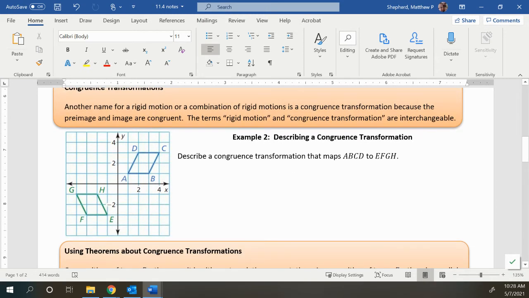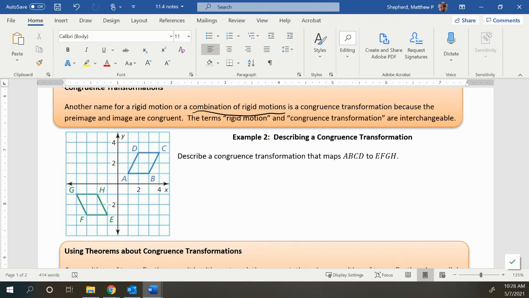Now, a congruence transformation is just a combination of rigid motions. Rigid motions and congruence transformation, these two phrases are interchangeable.